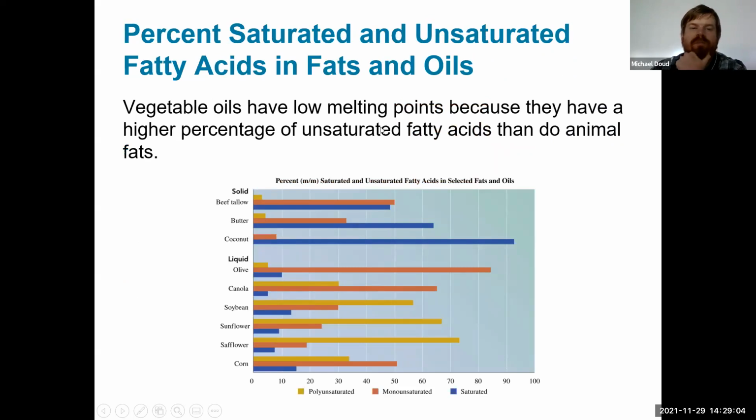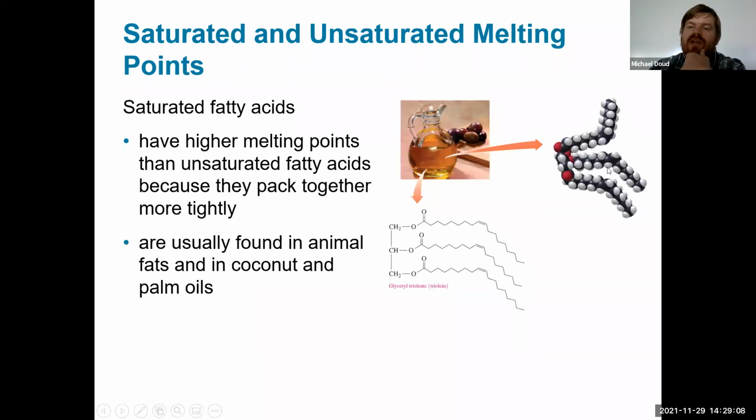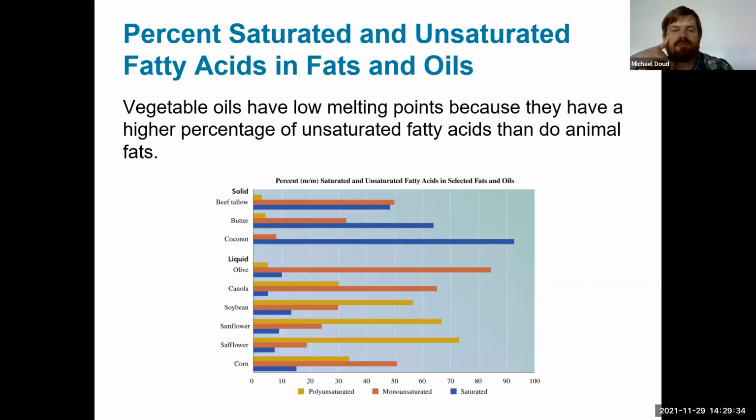Vegetable oils tend to have very low melting points because if you look at it here, this is an example of a triacylglycerol involving oleic acid here, which is again a plant fatty acid. Because the molecules don't pack together very well, they tend to have very low melting points, and they'll be liquid at room temperature.